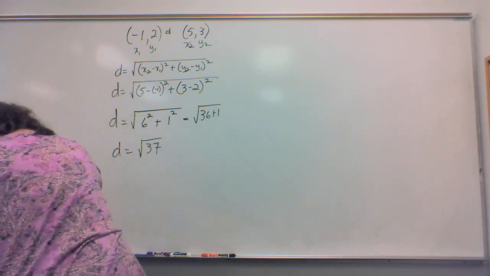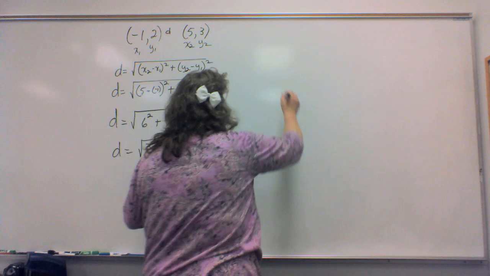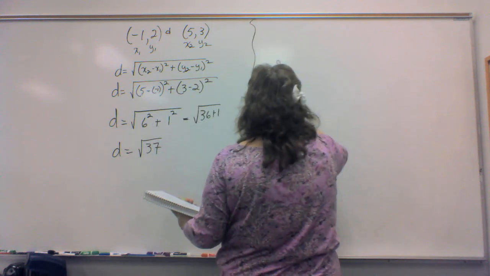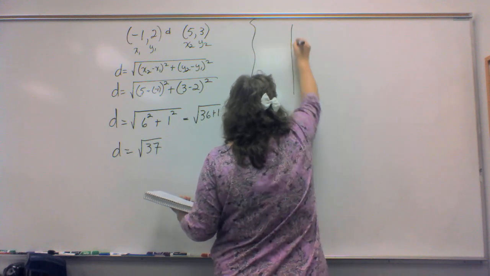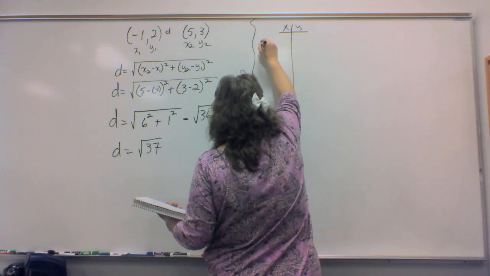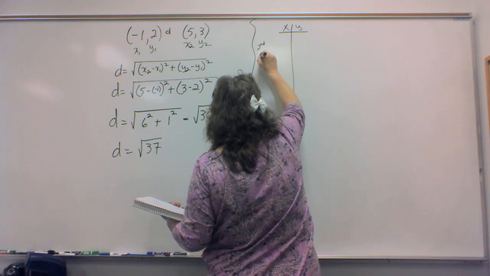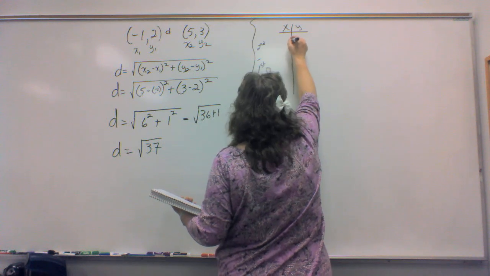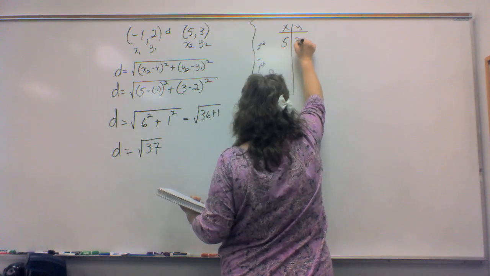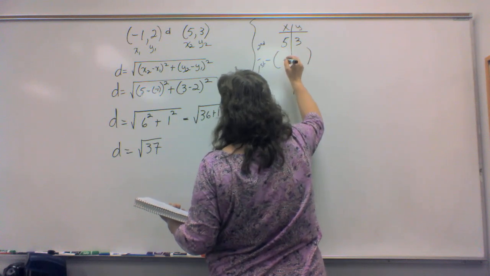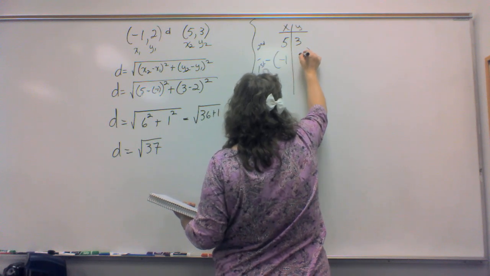Now let's look at it using the second method. And your second method is using that XY kind of like a T-chart. You're going to look at your second one minus the first, okay? So my second is 5, 3 minus, and then in parentheses, my first one is -1, 2.